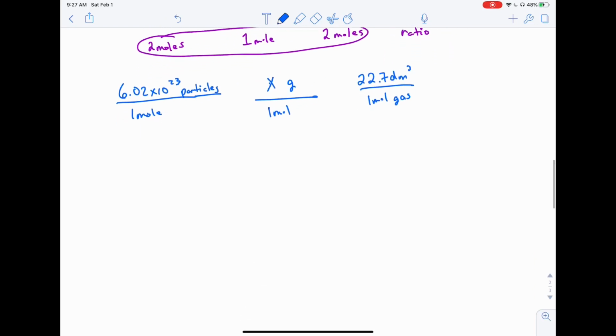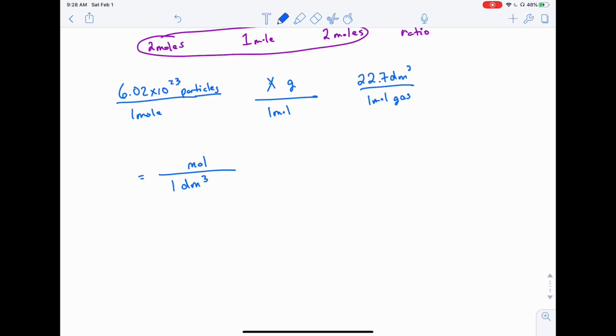But there's another conversion in here as well that we introduce, which is molarity. Molarity is moles per 1 decimeter cubed of solution. So that may be another conversion that you're going to have to use in this.